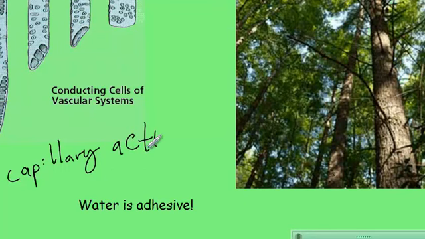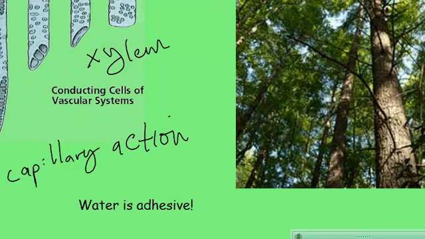A great example of capillary action is how water's transported within trees. So the xylem in trees are the vascular tissues that transport water and minerals up the tree, and that's a long way to go.